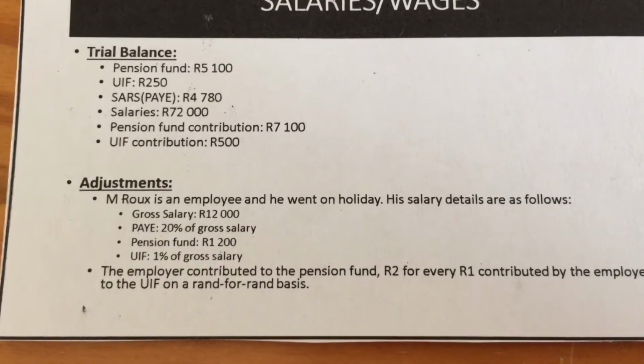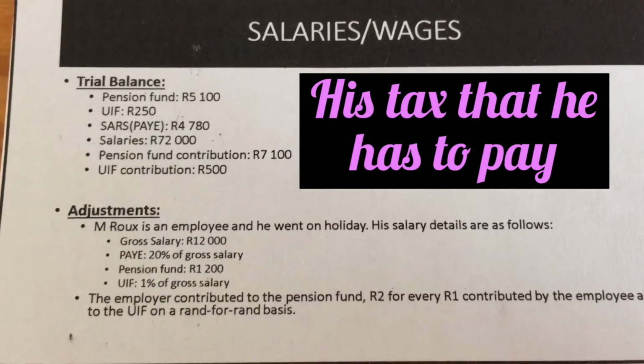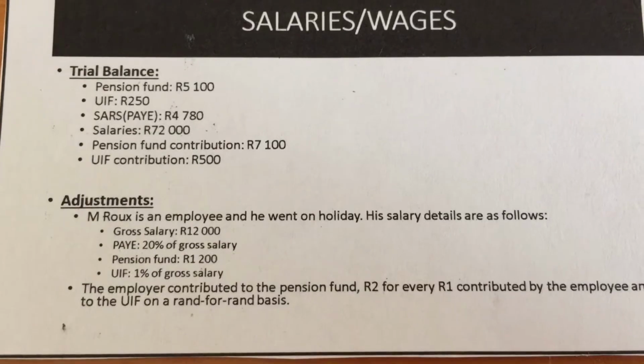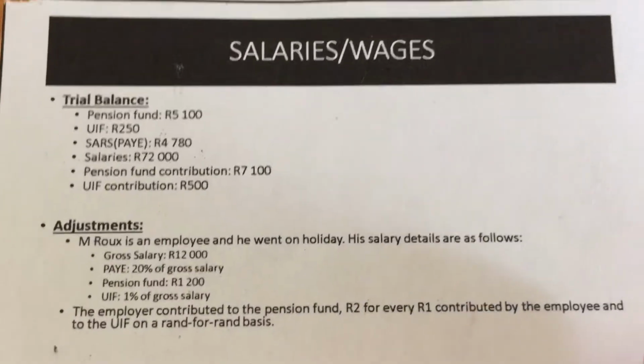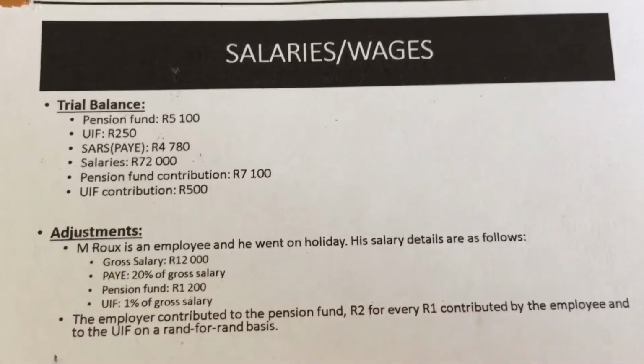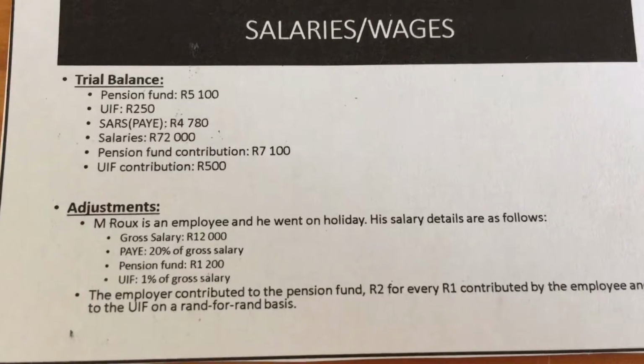So the pay as you earn, the SARS money, that is the income tax that this specific employee will pay. And then it says that the employer will contribute 2 rand for every 1 rand contributed by the employee, and that UIF is a rand for rand base.